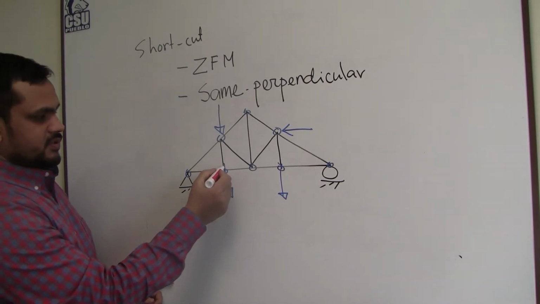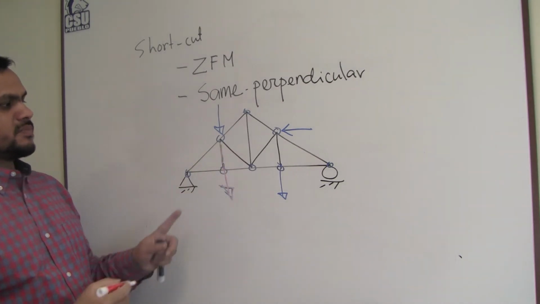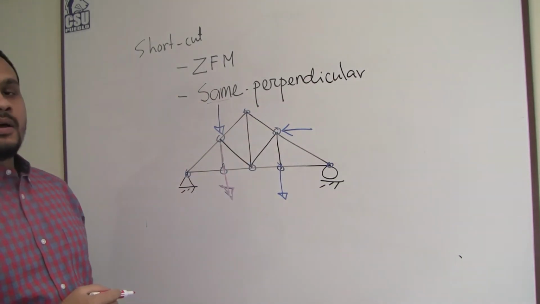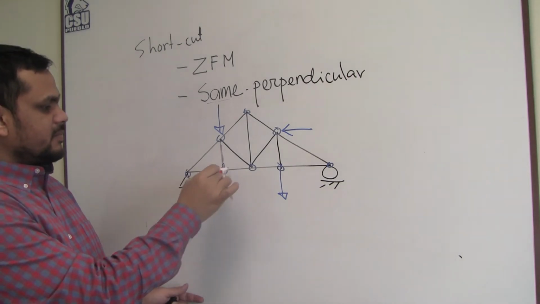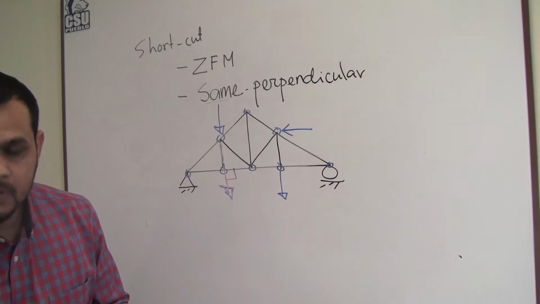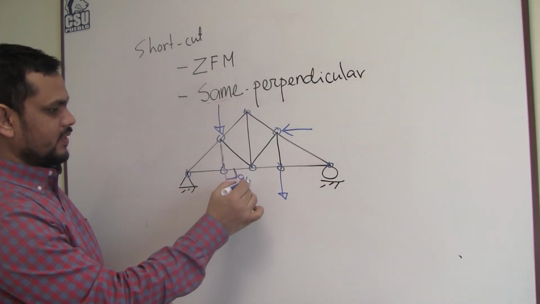Say this force is acting in the same direction of this member, that is why I named it same. Perpendicular means the other members are perpendicular to this force. That means this angle is 90 degrees.